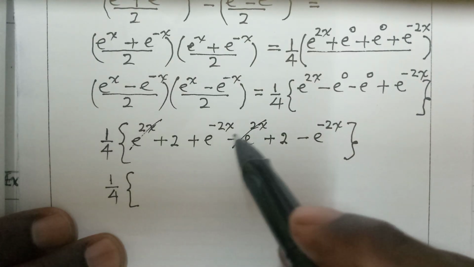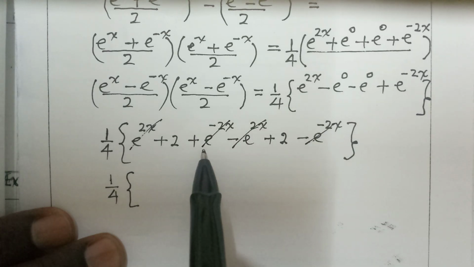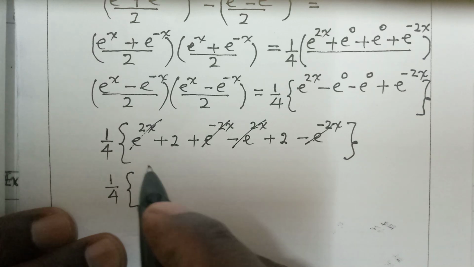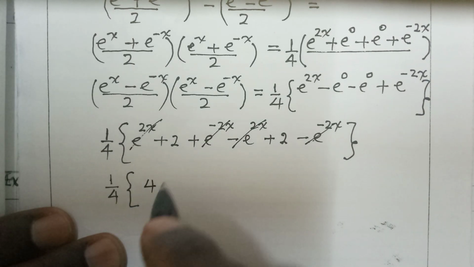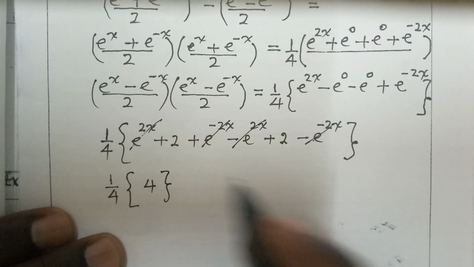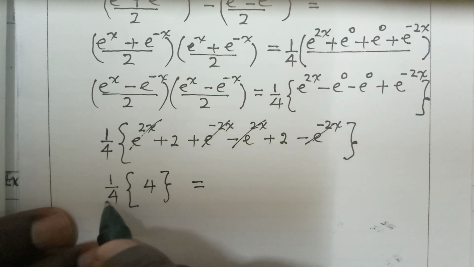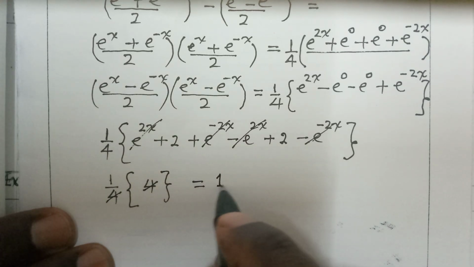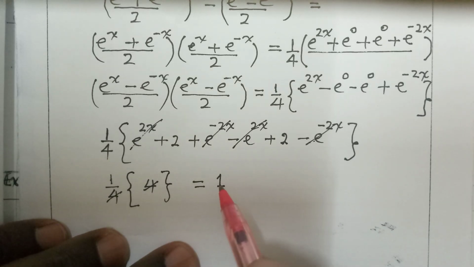Then this can also cancel with that, because this is plus, this is minus. So we are left with the 4. So this one is going to be 2 plus 2, which is 4, like that. And so finally, guys, we'll have 4 divided by 4. So this is going to be 1. And so guys, this is what we were looking for.